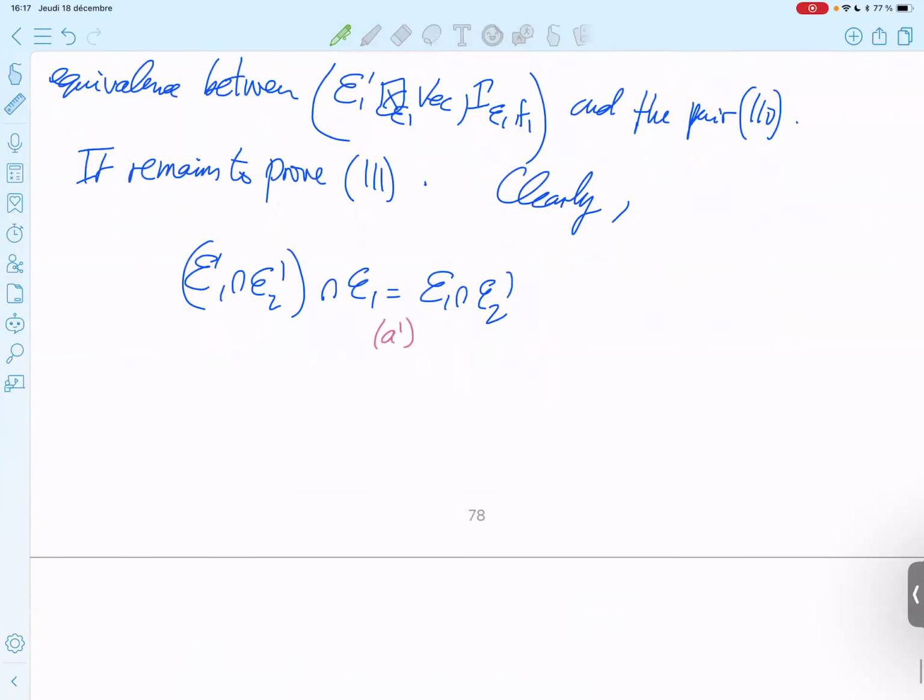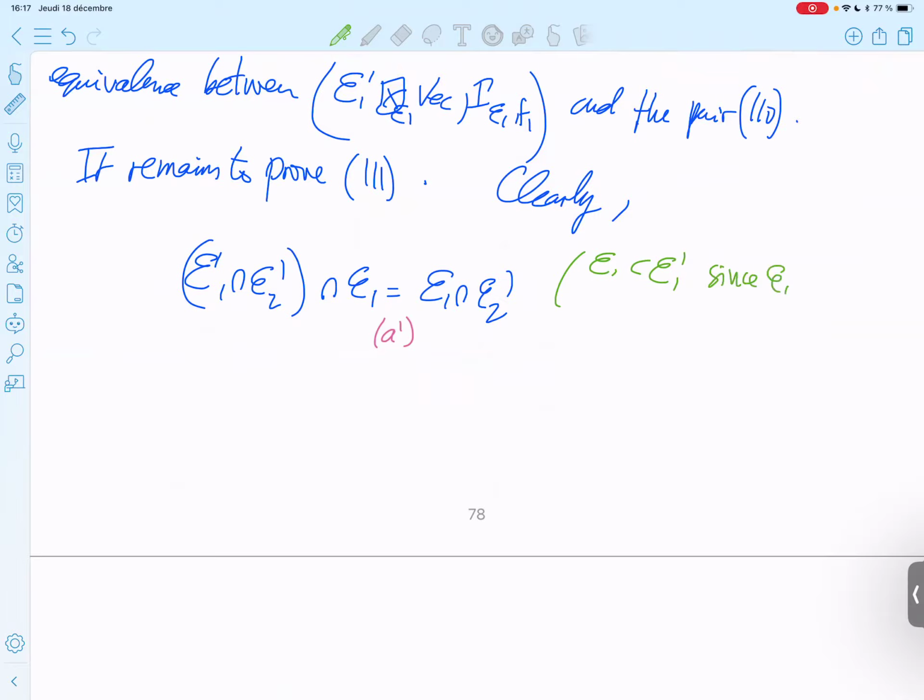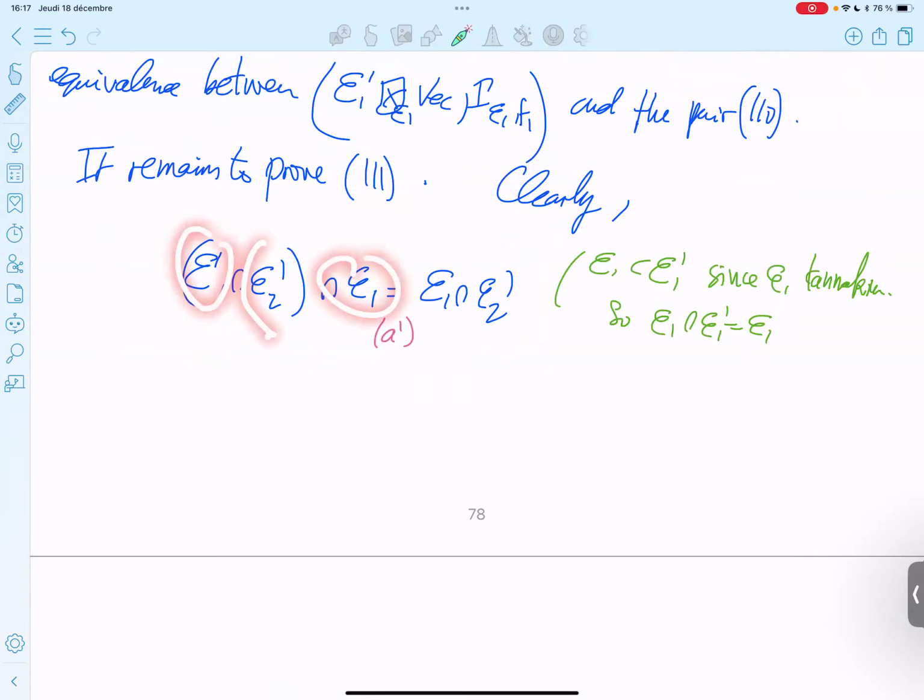Since E1 is included in E1 prime, if E1 is connected, E1 intersection E1 prime is E1. So here you have E1, E1 prime is E1, and they remain E2, so it's immediate.